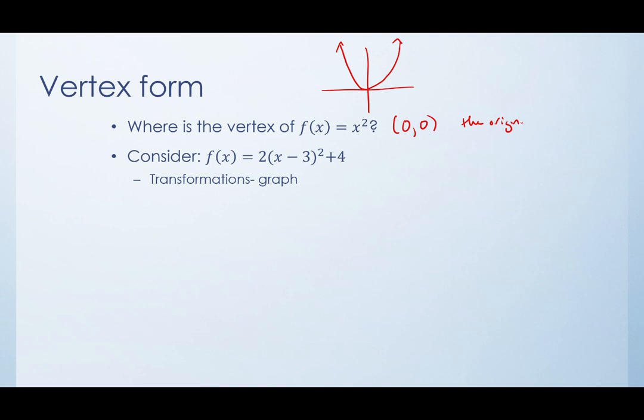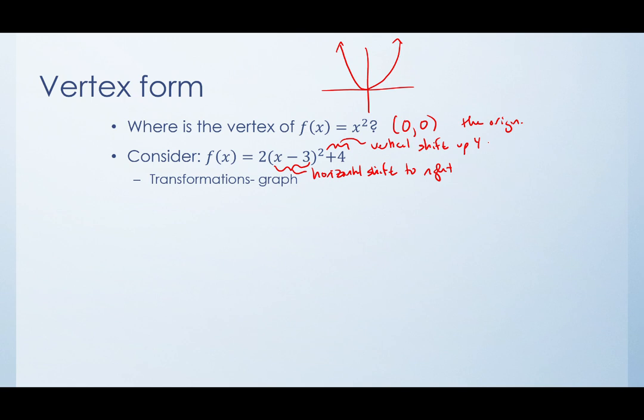So if we think about a more complicated version of our parabola, f of x equals 2 times x minus 3 quantity squared plus 4, this is really just the same graph of x squared, but it's had several transformations applied, right? We can look at this and say, okay, the x minus 3 quantity squared, that's an inside change. That is a horizontal shift to the right.